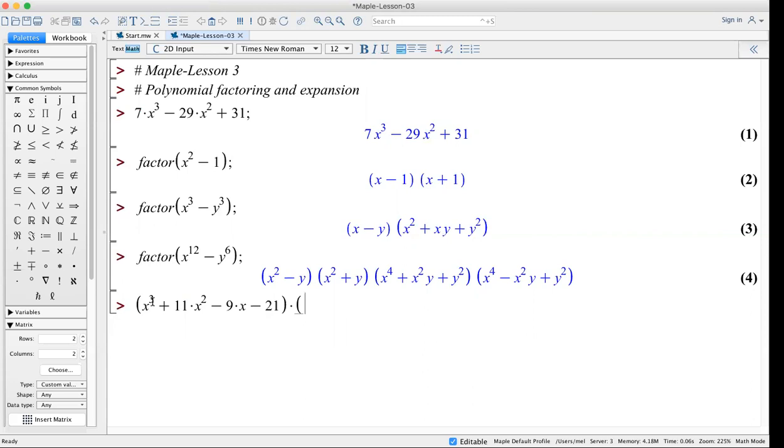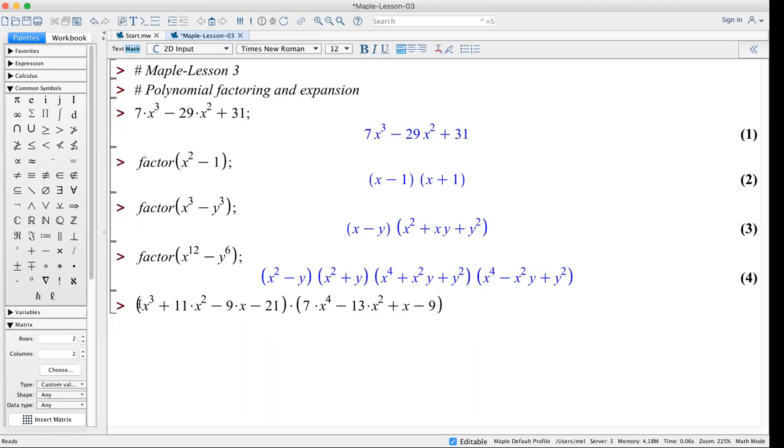And you have another polynomial, 7x to the 4th. I like to put in the times signs. Minus 13x squared plus x minus 9. And if I want to multiply them, I put this dot in there.